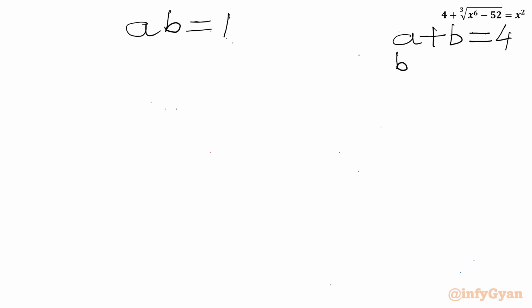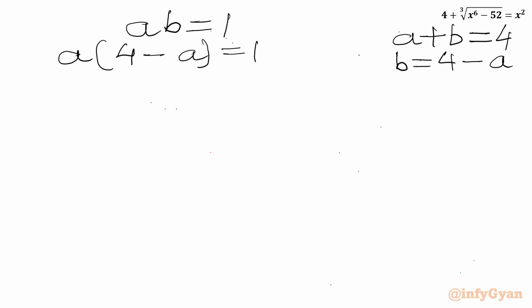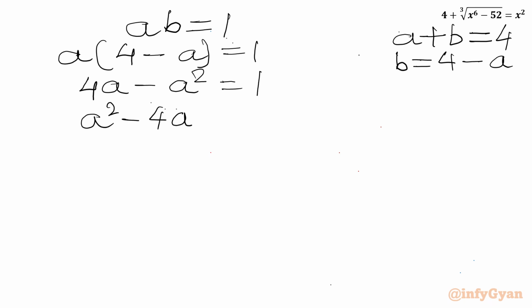So from here I can write b will be equal to 4 minus a, which I will apply here, equal to 1. Let's solve this quadratic equation. 4a minus a square equal to 1, or I can write a square minus 4a plus 1 equal to 0.